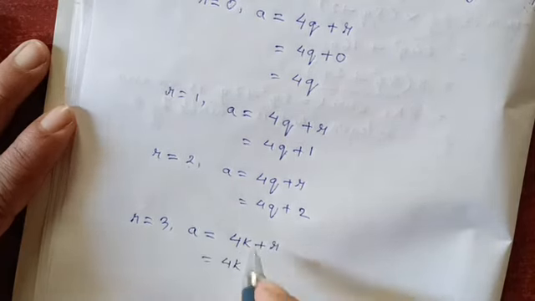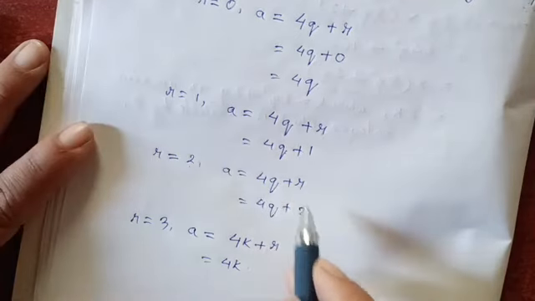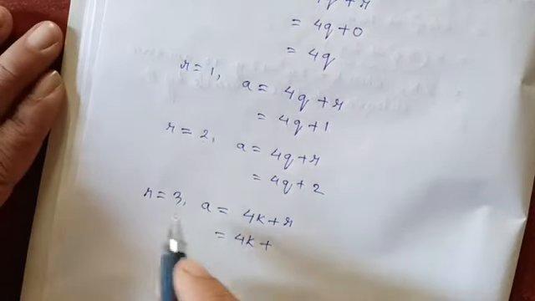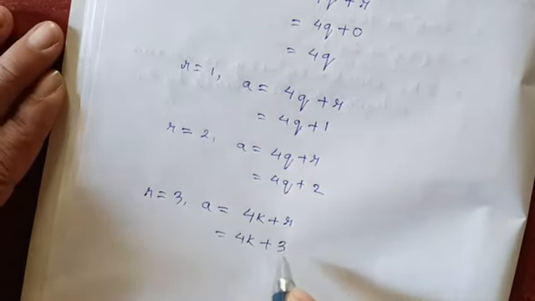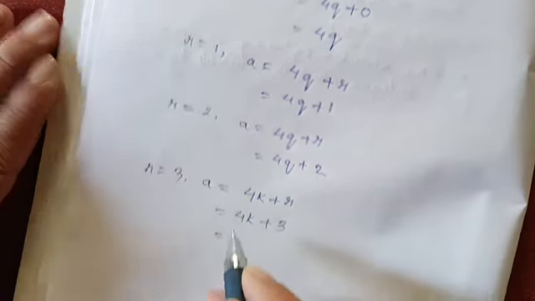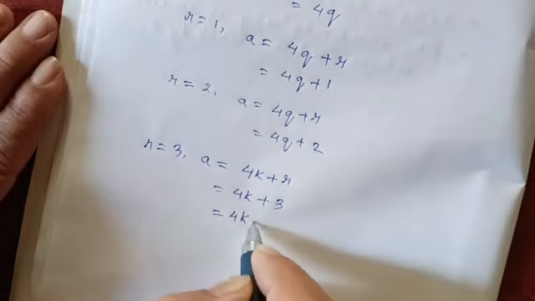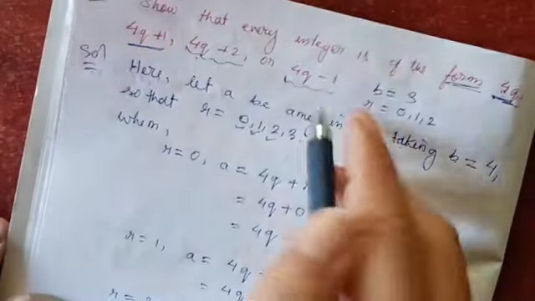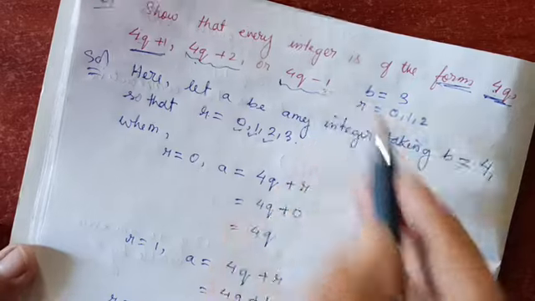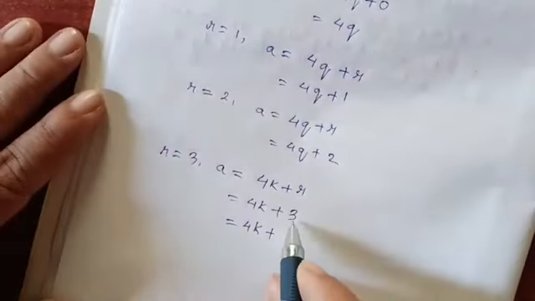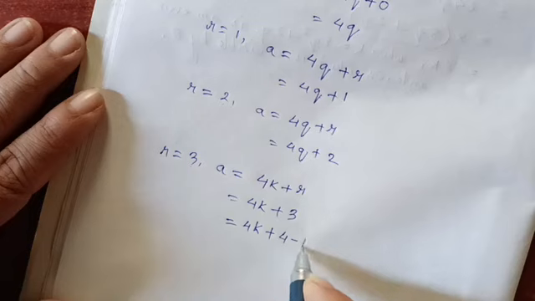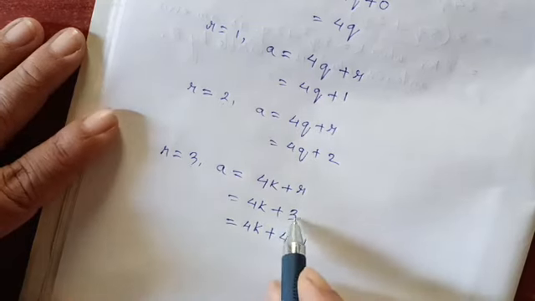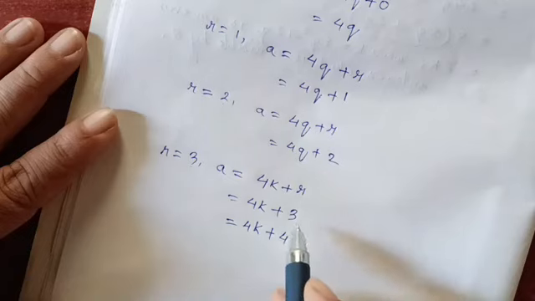It is the same as writing 4q plus r, so 4k plus r. Here r value is 3, so we write 3 here. And we want to get 1 at the last, so that is why it's very easy. How can you get 3? 4 minus 1 is 3.